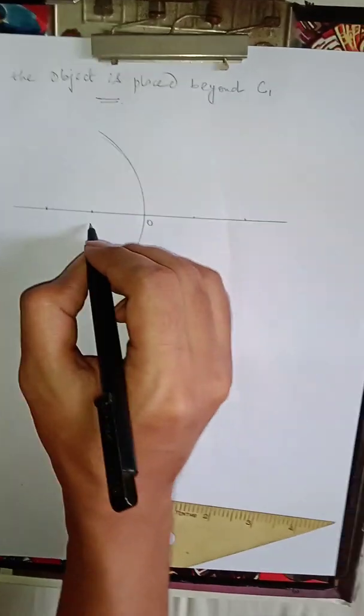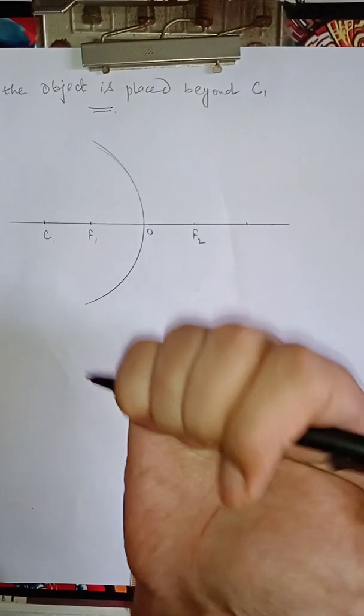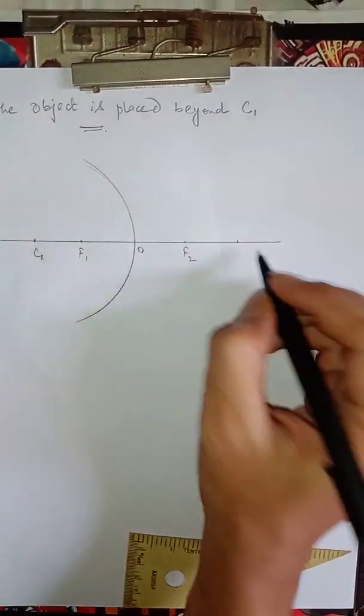Okay, so this is f1, this is f2, this is c1, and this is c2.